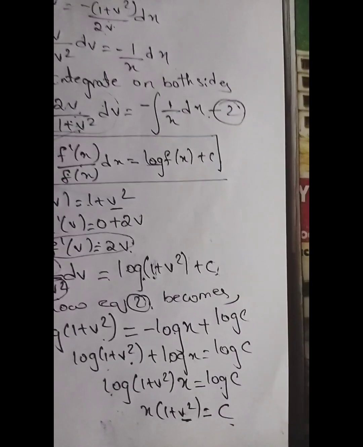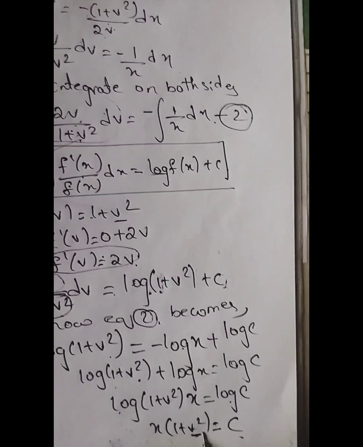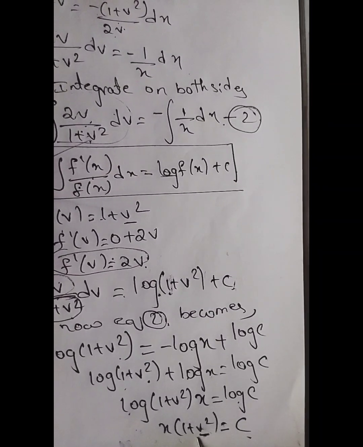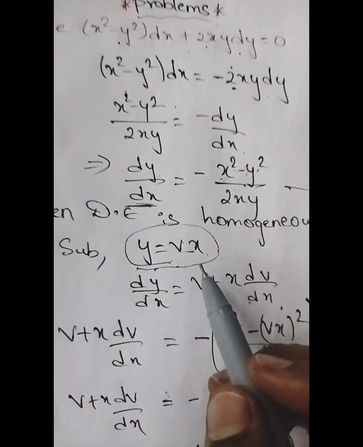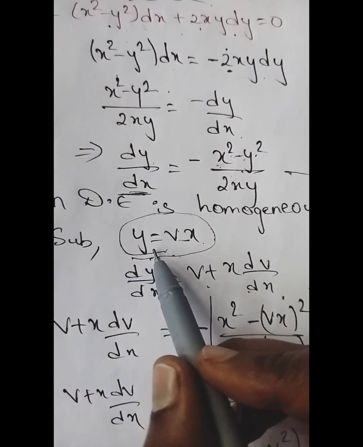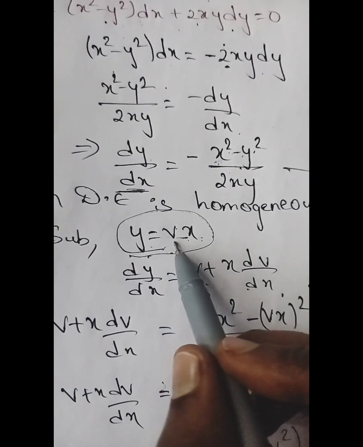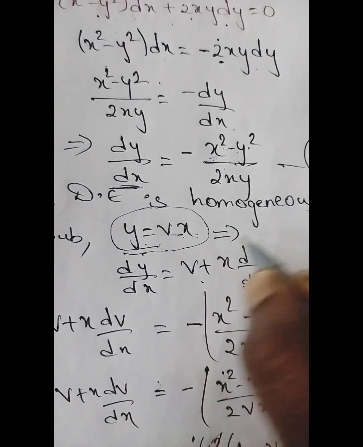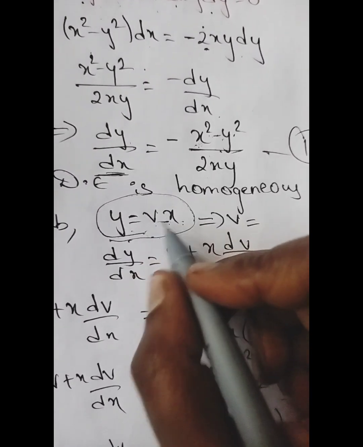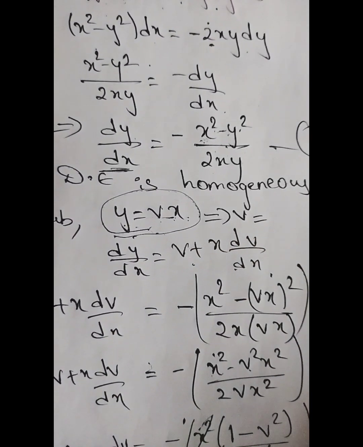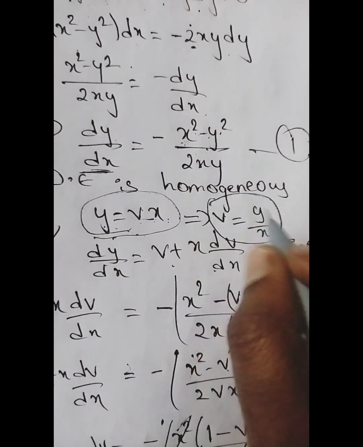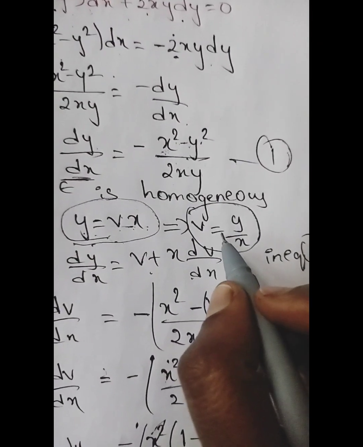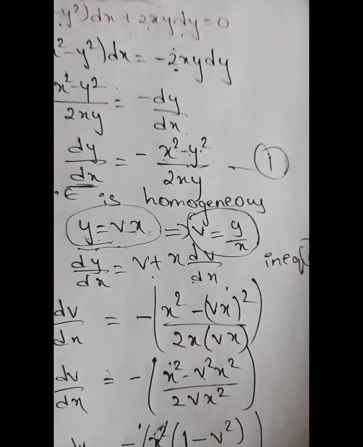So we got the solution in terms of x and v. Now we need to convert this v in the form of y and x. That's why we need to convert y equal to vx in the form of v equal to something. Send this x to the left hand side, so v equals y/x. Wherever v is there, after getting the solution, we need to replace it with y/x.